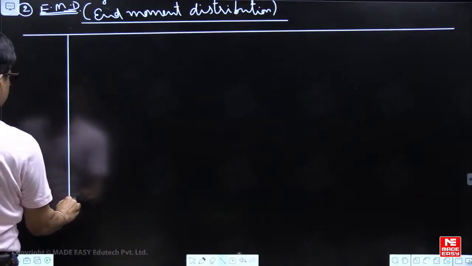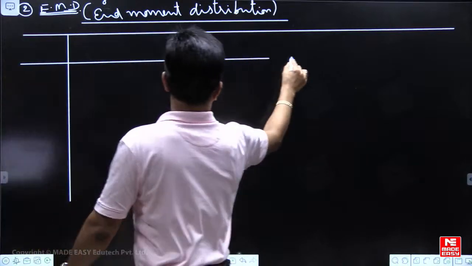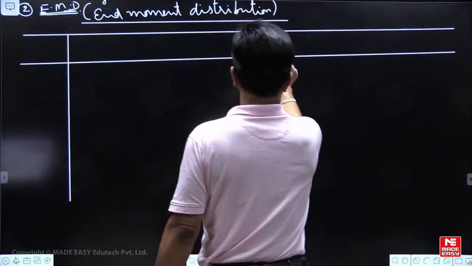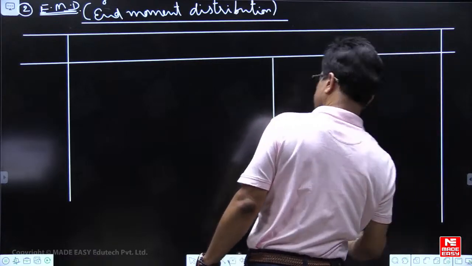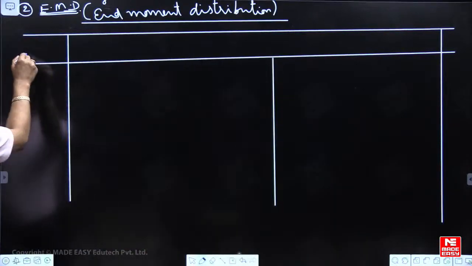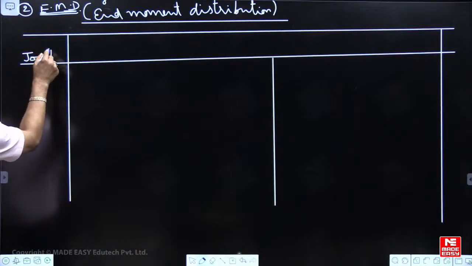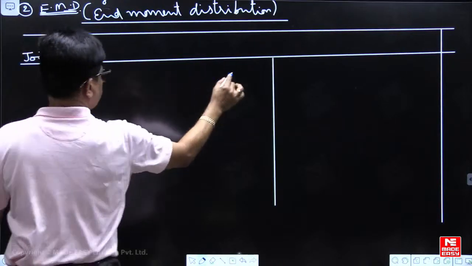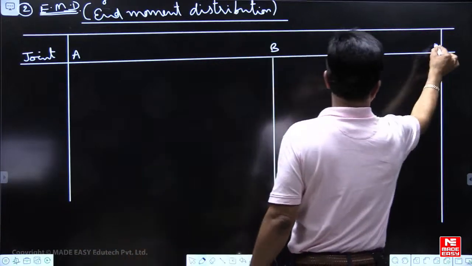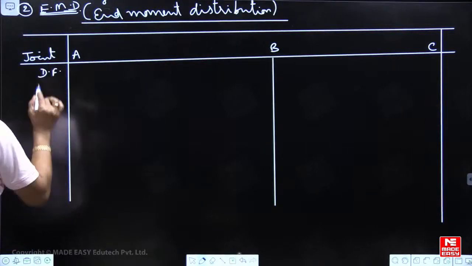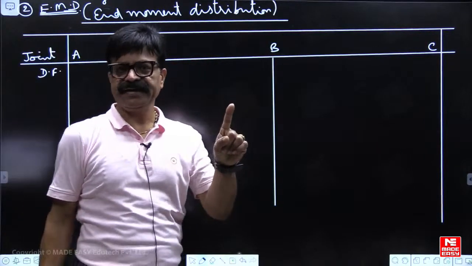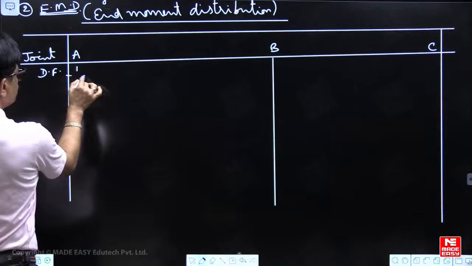Joint: this is A, B and C. Then distribution factors, if there is only one member meeting at a joint, its distribution factor is 1.